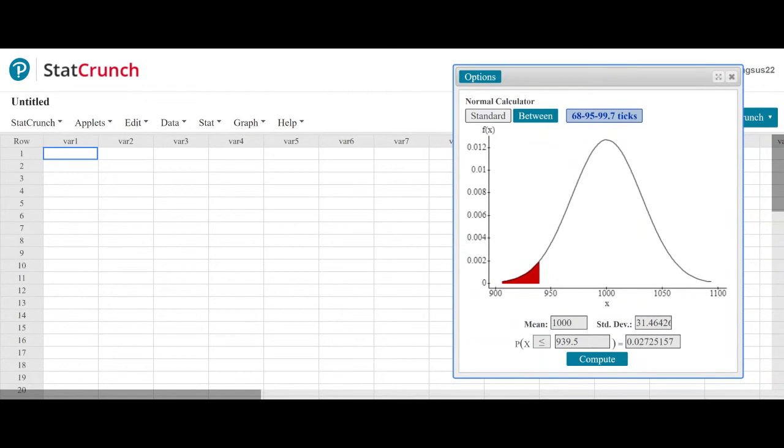Okay, so the next question that we were asked was number 9, and number 9 is also a binomial question. So it's going to be very similar to the question that we just completed.